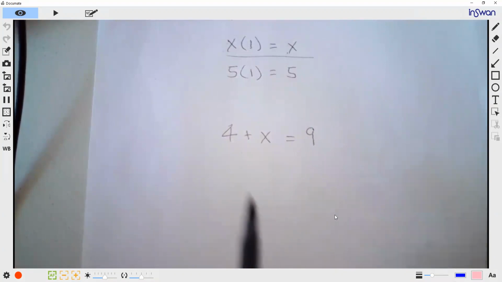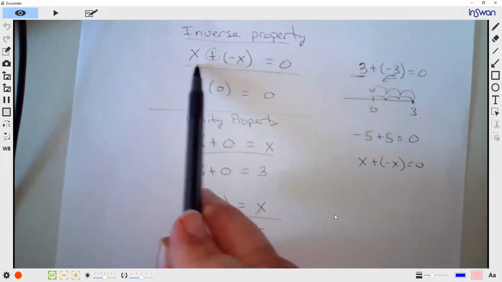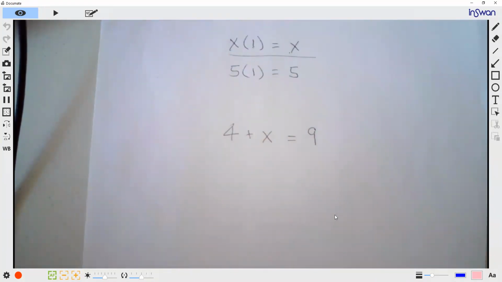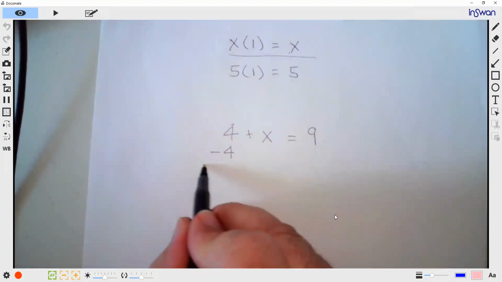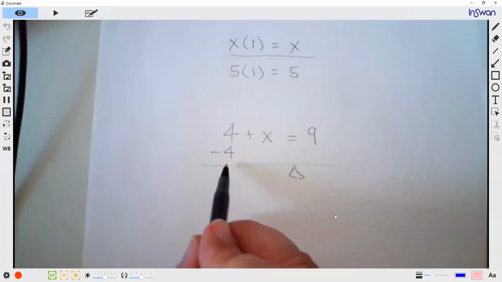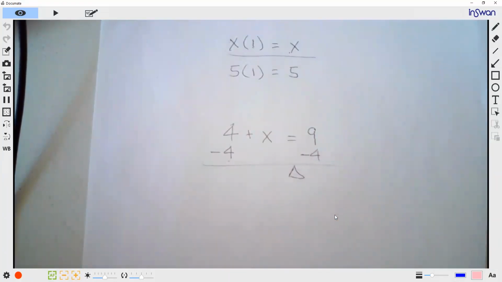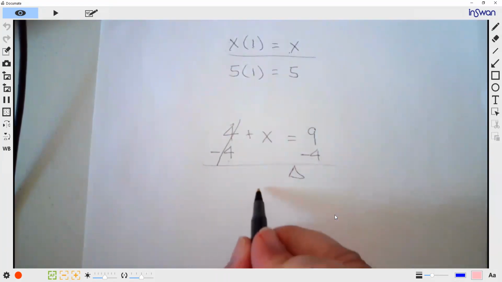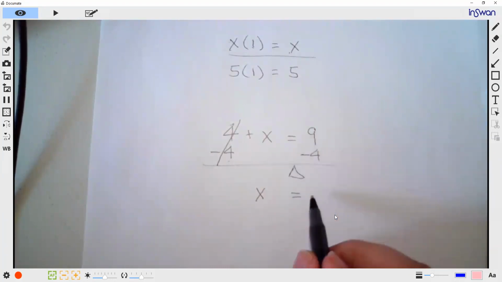The 4? Yeah. So this property helps us get rid of something. How do you get rid of the 4? Minus 4. You have to subtract 4. Whatever you do to one side, think of a seesaw. If I put a -4 here, I have to put a -4 here to keep balance. Those disappear. 9 minus 4 is 5.